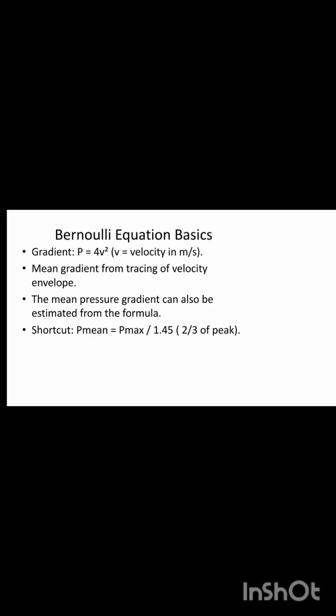The modified Bernoulli equation is far better than tracing the full envelope. So you see how the Bernoulli equation can work if we have only the peak velocity: we can get the peak gradient and the mean gradient from the modified Bernoulli equation.